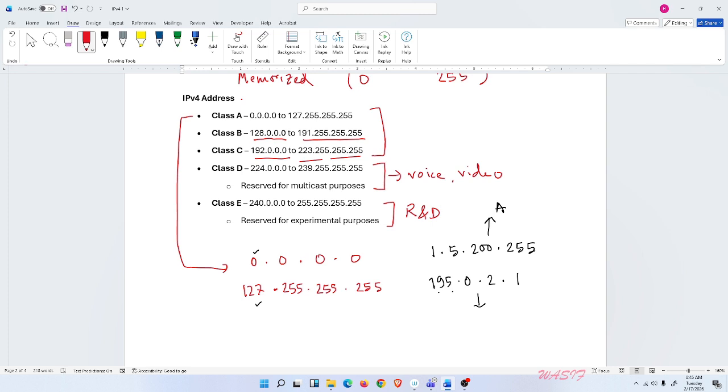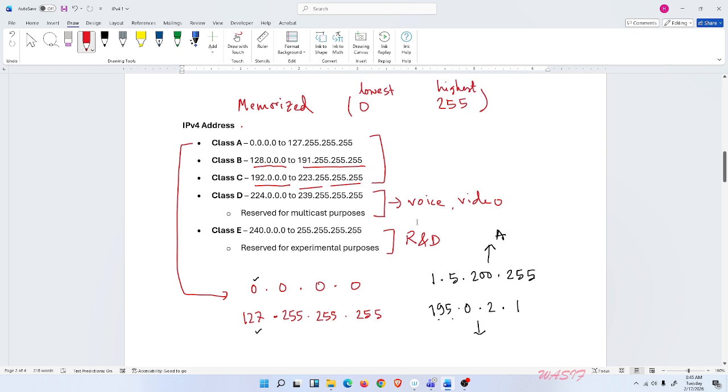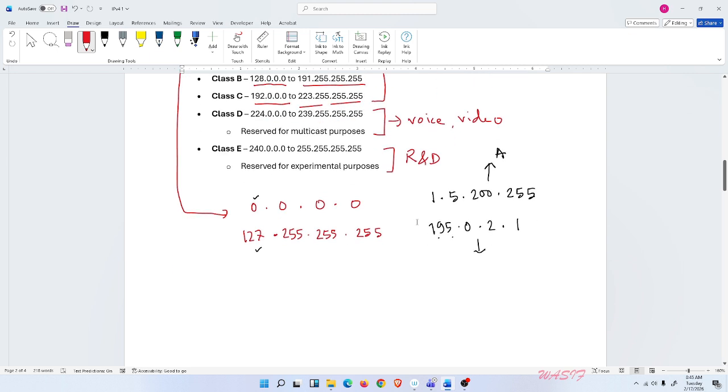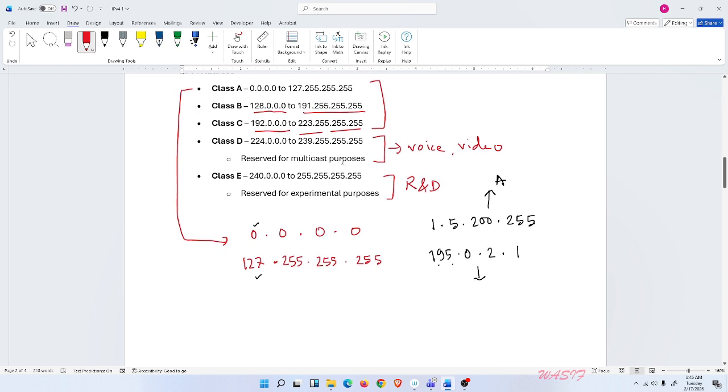So mostly you will not be using class D and class E. However, you need to know what class D and class E are and their range. But we will not use them. So if you want to assign an IP address to a device, you'll have to choose from one of them.